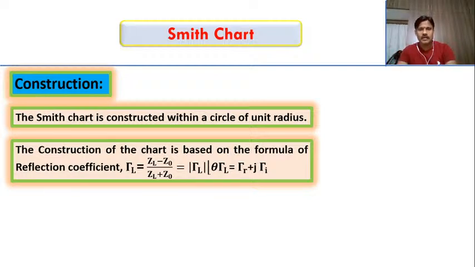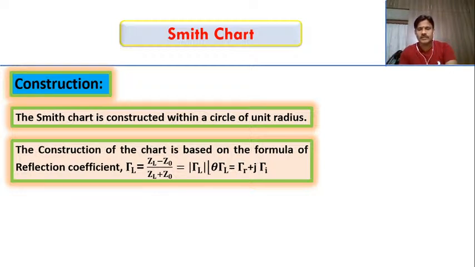In transmission lines, the problems are very easy when we directly substitute the formula. But here, gamma L, input impedance and all the secondary parameters expressed in terms of primary parameters R, L, G and C are complex. They will have both a real part as well as an imaginary part.